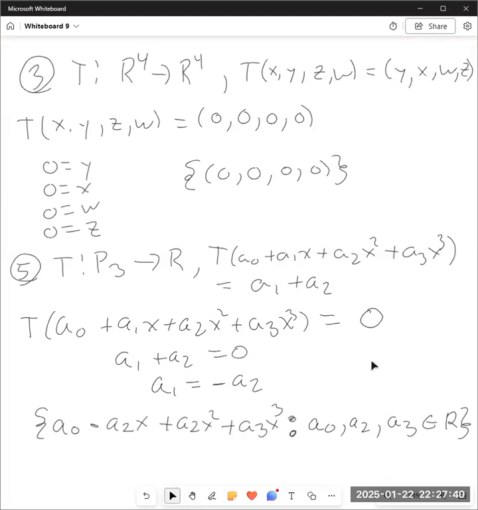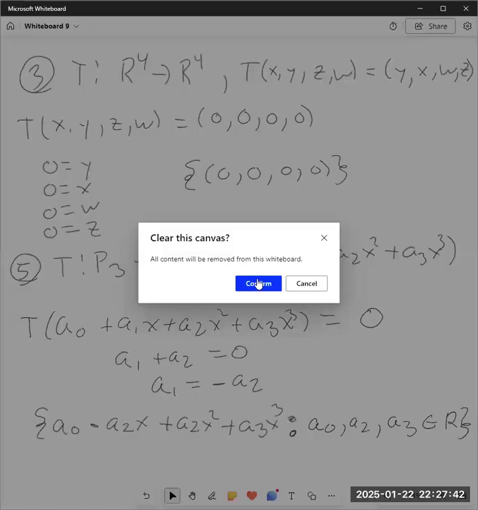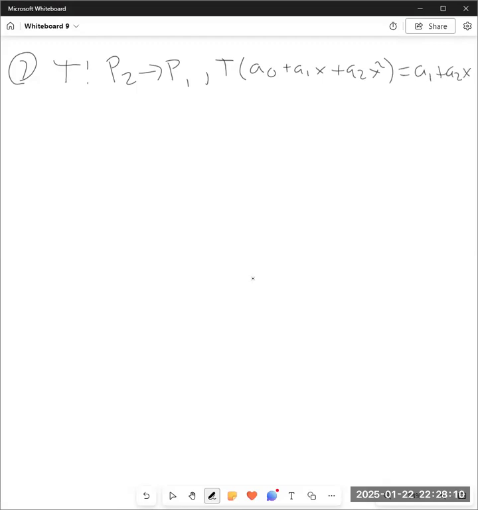Let's go ahead and look at number 7. 7 tells us that we have a transformation from P2 to P1 defined as T of A0 plus A1x plus A2x squared is equal to A1 plus, I'm sorry, 2A2x.